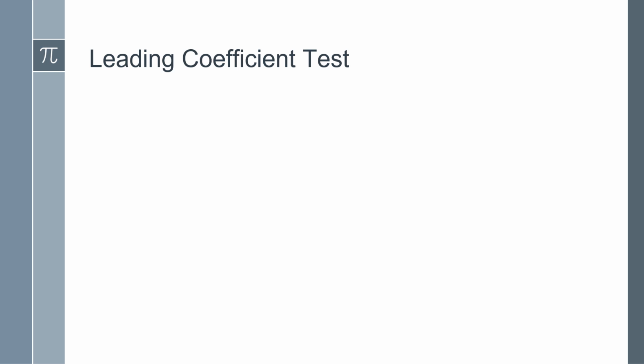So remember coefficients before we get on to the leading coefficient test. Remember when we was dealing with factoring our quadratics and our trinomials. This is taking so long. Anyway, so the leading coefficient test.